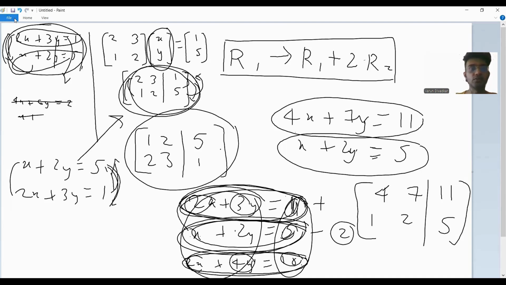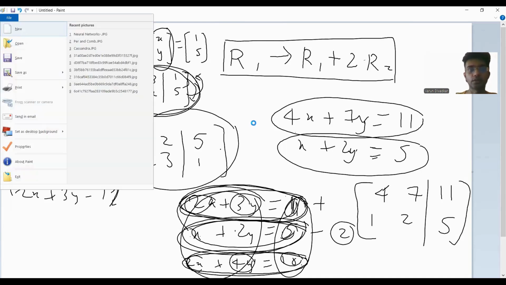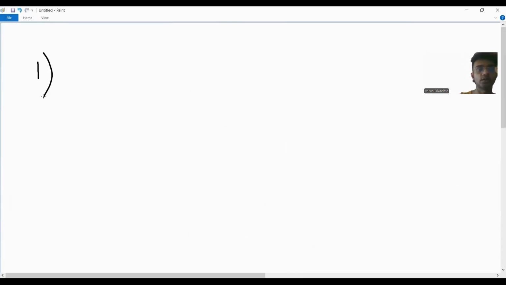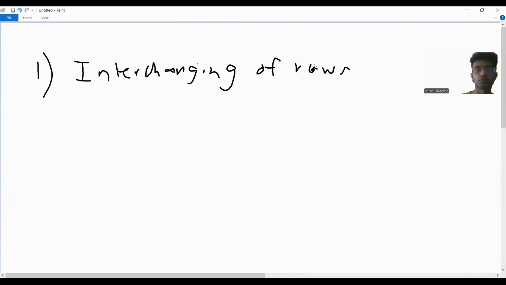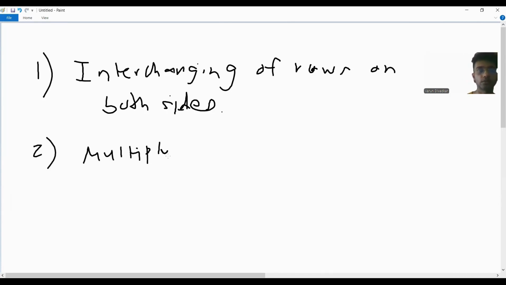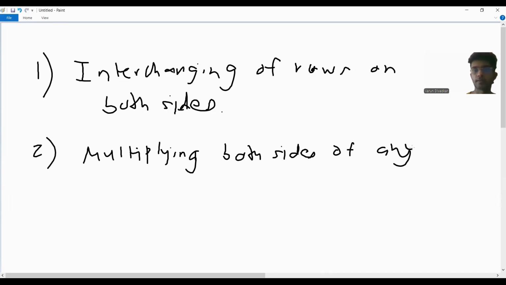So what are the transformations? Just to summarize, the first one is interchanging of rows on both sides. This keeps the equation unhindered. The second one is multiplying both sides of any row by a constant.